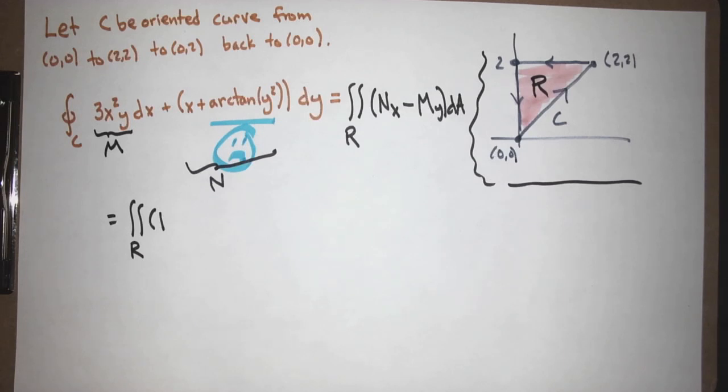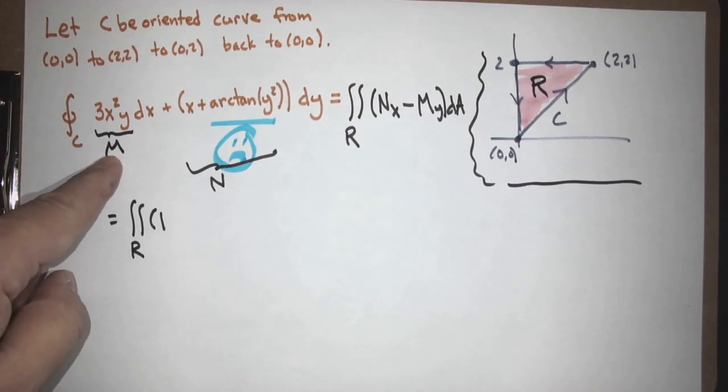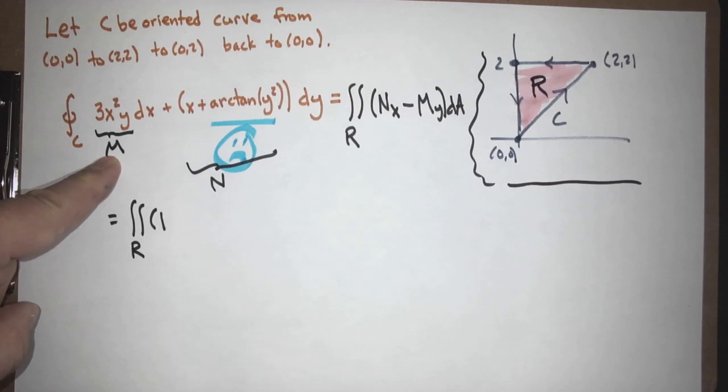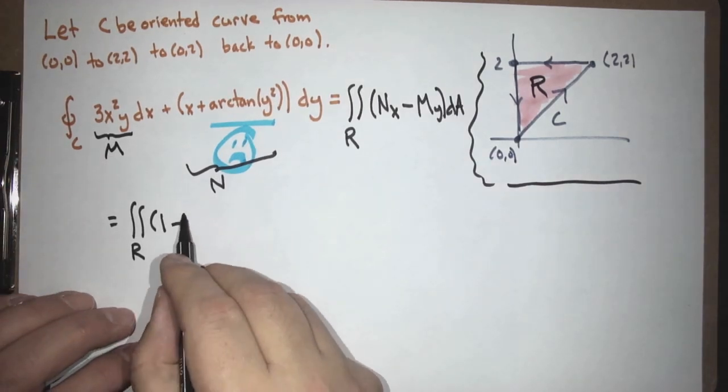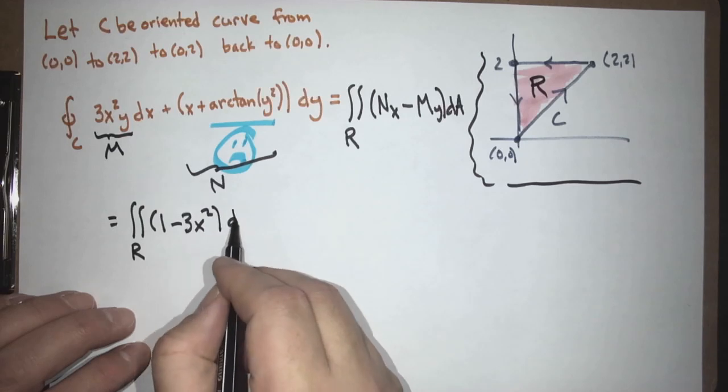Because we planned it to happen. So oftentimes when you see something really bad, it's a sign you're not going to have to do it. But you need to know the tool that lets you get rid of it. Okay, what about M sub y? 3x squared. Okay, well, that's fine. We can work with that.